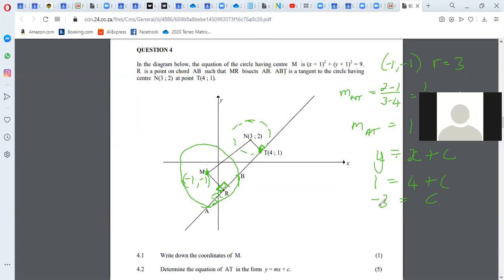So y equals x minus 3. Okay, so that is the equation of the line. Right, happy with that. I just want to move it up and see what else they ask.